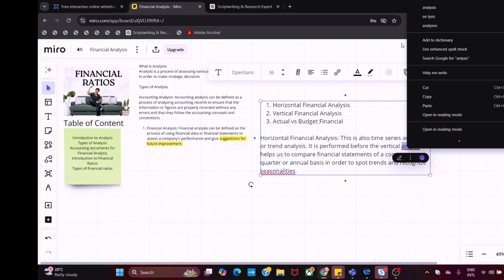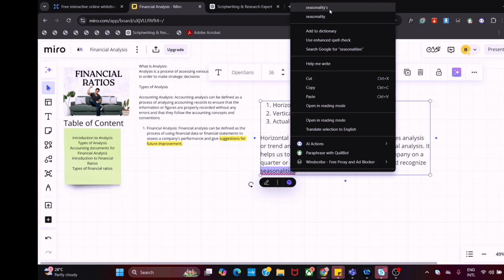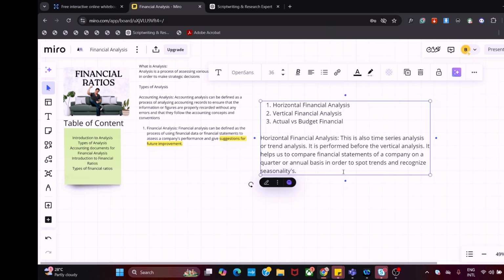Sorry, I think this is seasonalities. Seasonalities. Okay, so this is what horizontal analysis is all about.